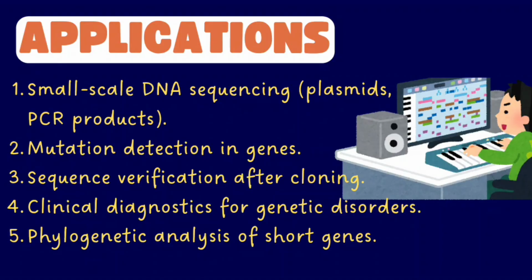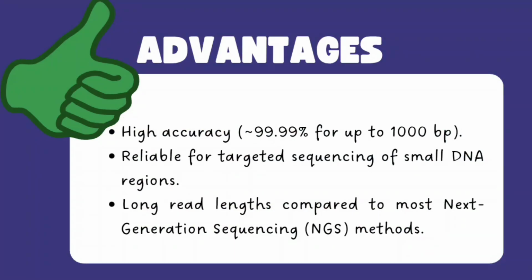We can use it for clinical diagnostics of genetic disorders and phylogenetic analysis of short genes. This method is very advantageous because it has high accuracy, is reliable for targeted sequencing of small DNA regions, and has long read lengths compared to most next generation sequencing methods.